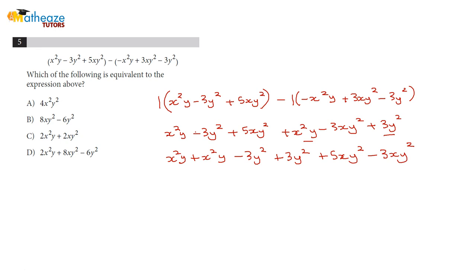So now we have grouped common terms. So this is going to give us 2x squared y minus 3y squared plus 3y squared. That should cross out, give us 0, plus 2xy squared. So the answer is C.